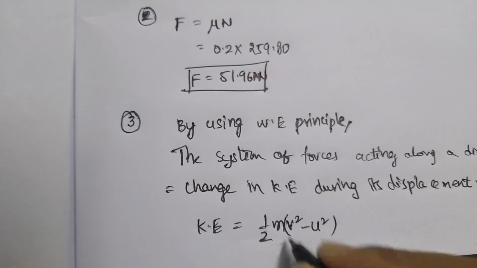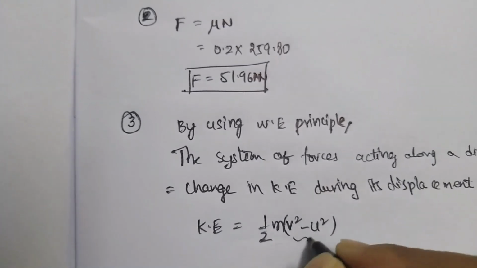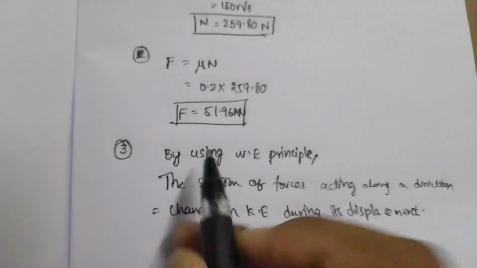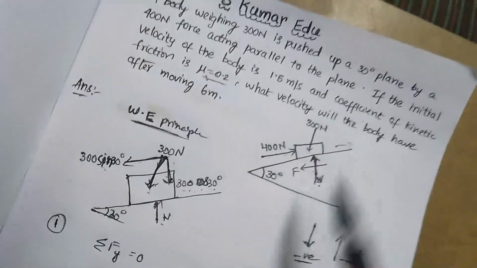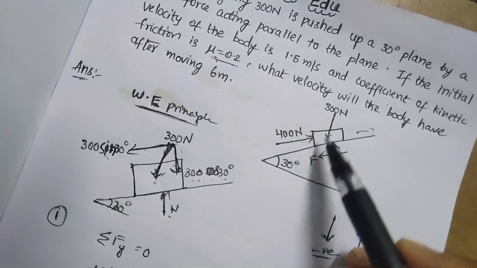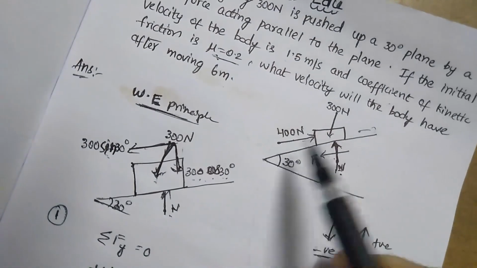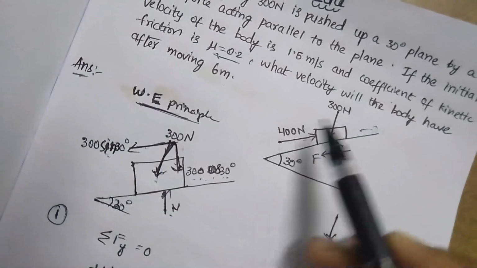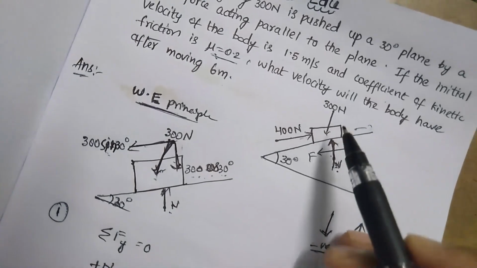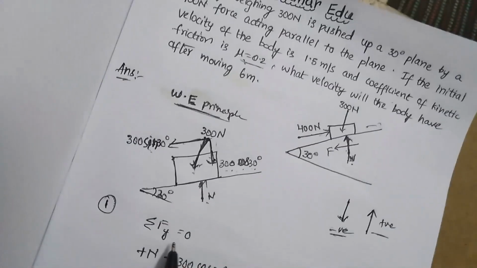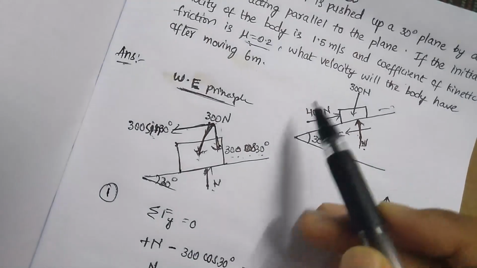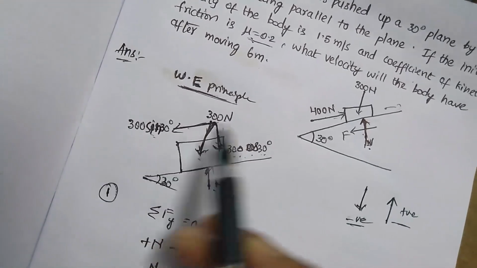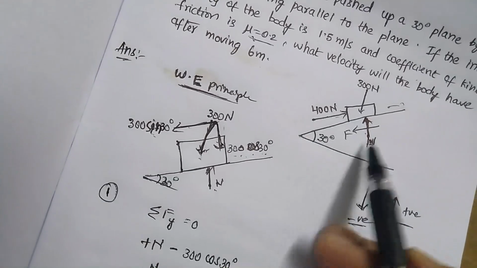So half m v square minus u square is the change in kinetic energy. And next, the system of forces. In this system, the block is moving in the horizontal direction, so the forces here are only horizontal forces. The vertical forces' summation is 0, so we don't consider these. We only consider the horizontal forces: this one, 400 and F.